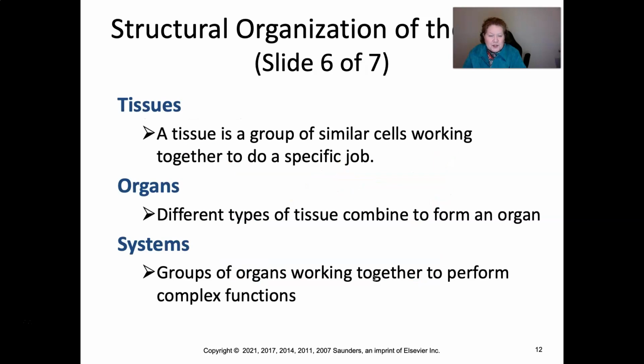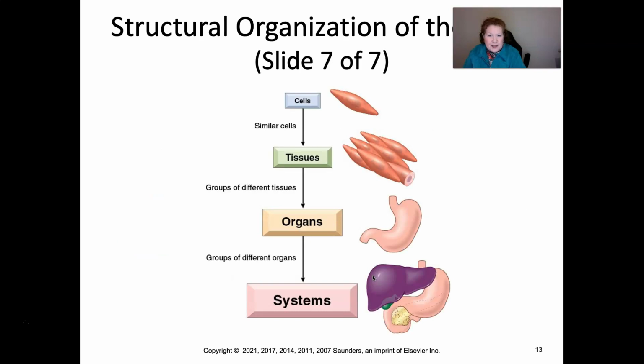So for tissues, it talks about how those work together to do a specific job, and how you have different types of tissue combining to form an organ, and how your organs work together to do specific functions that are more complex. And this is the design, or the figure on page 39, that I referred you to that I think will be very helpful.